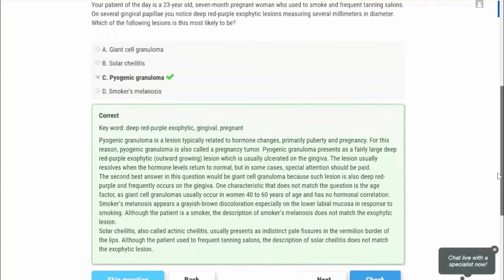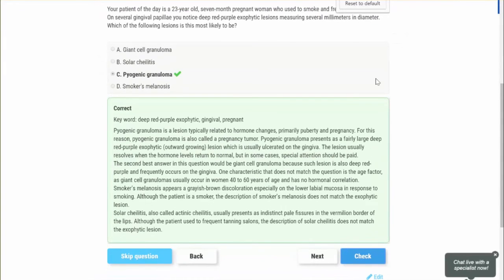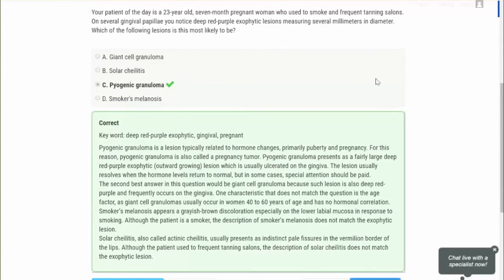This is correct. So here the trick was that if you were tricked by smoking, then you might have chosen smoker's melanosis, which is completely not deep red purple, and it's not related to pregnancy either. So that could have been a trick. Also, tanning salons, it's another trick.